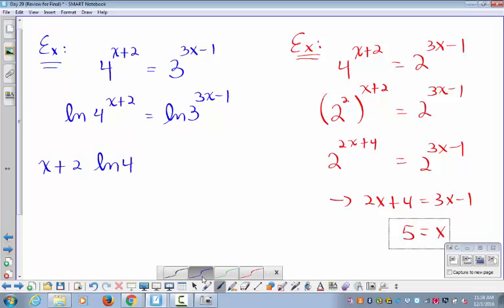For example, I don't want to write that, because there it looks like the natural log of 4 is only being multiplied by the 2 and not being multiplied by the x. We have to remember that the entire exponent is being multiplied by that base. Similarly on the right, wrap that exponent up as you bring it down.